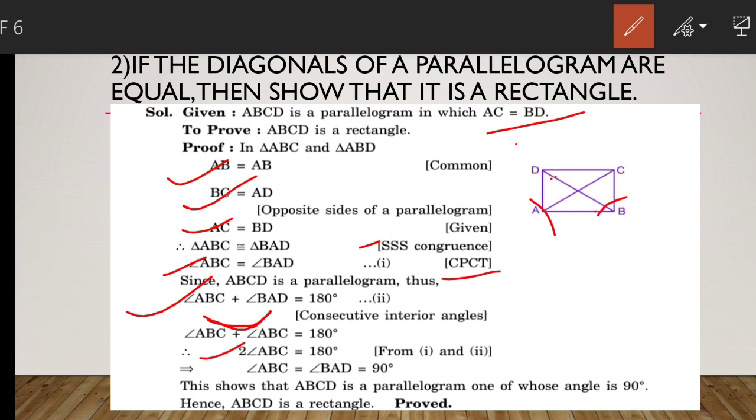So each of the angles, angle B and angle A, is 90 degrees. This shows that the parallelogram ABCD has angles of 90 degrees. Since the interior angles are 90, we can say it is a rectangle. So hence it is proved.